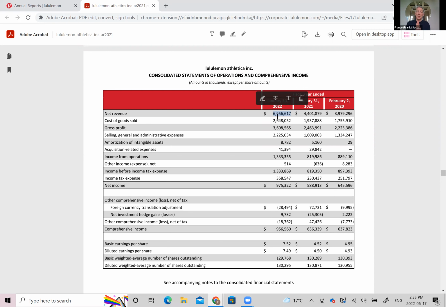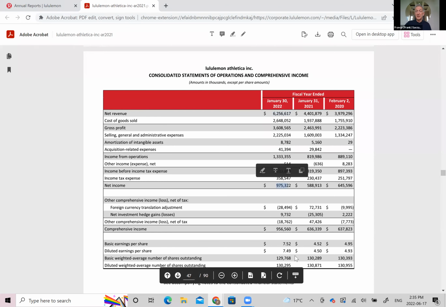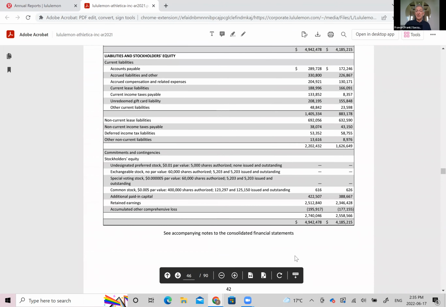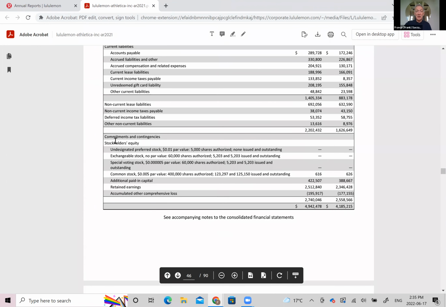Well, that's profitability. What else can I do for profitability? Well, we can do a return on equity. What's a return on equity? We can take that very net income of 975 and divide it by the shareholders' equity of this company. How much shareholders' money is in here? Well, right here, $2.7 billion.